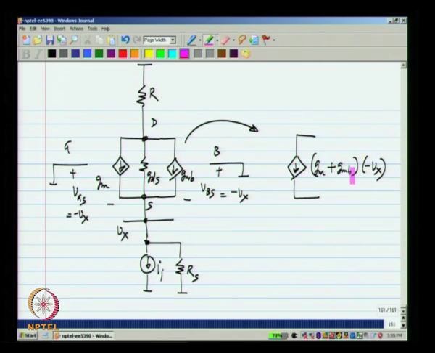So, everywhere we have Gm in the original expressions, we have to substitute Gm plus Gmb, okay, because originally we just had Gm times Vgs, and Vbs is exactly equal to Vgs. So, here we will have Gm plus Gmb times Vgs everywhere. Okay. So, what does this mean? The input resistance is 1 over Gm plus Gmb.